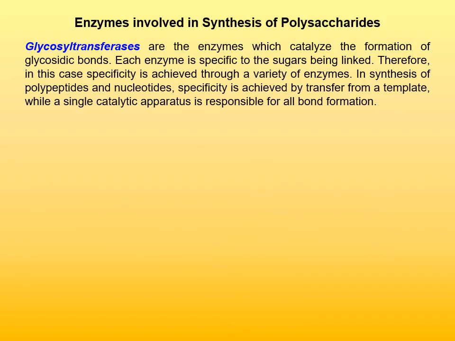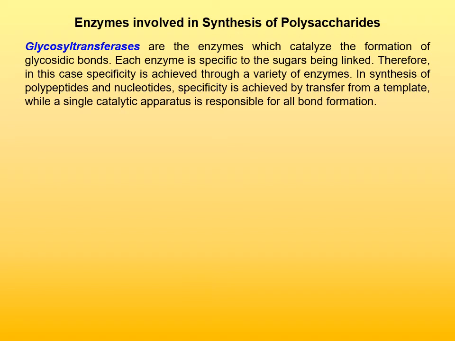Enzymes that are involved in synthesis of polysaccharides are glycosyl transferases. Those enzymes catalyze the formation of glycosidic bonds. And each enzyme is specific to the two sugars that are being linked, so the two monosaccharide units being linked to each other to form a glycosidic bond.